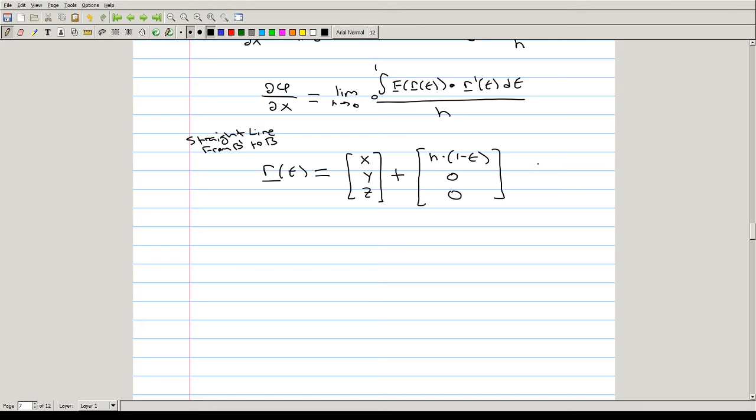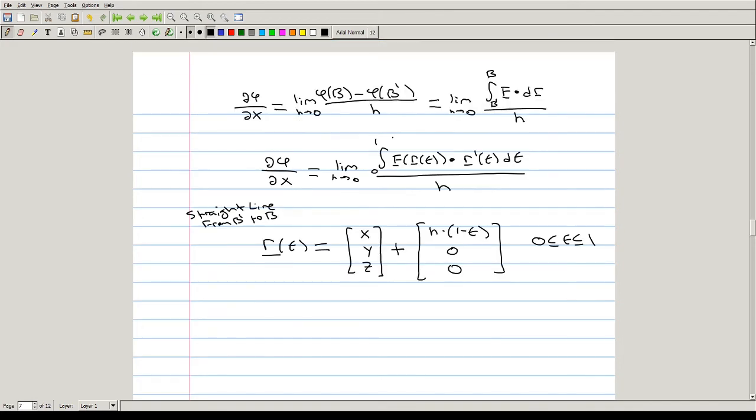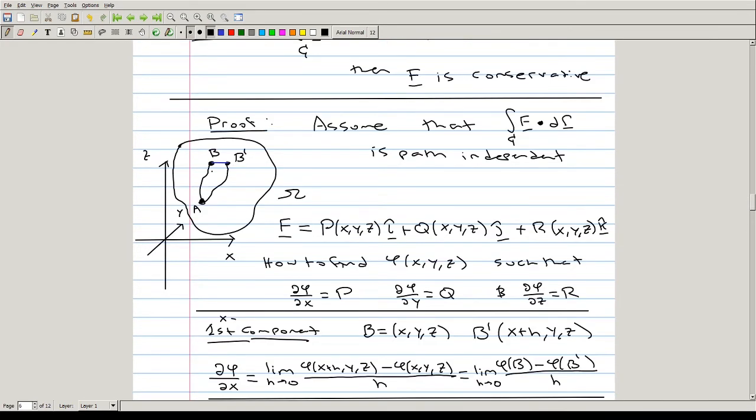And this is for t from 0 to 1. And this works because this is exactly giving us all of the points on this line right here from b to b prime.